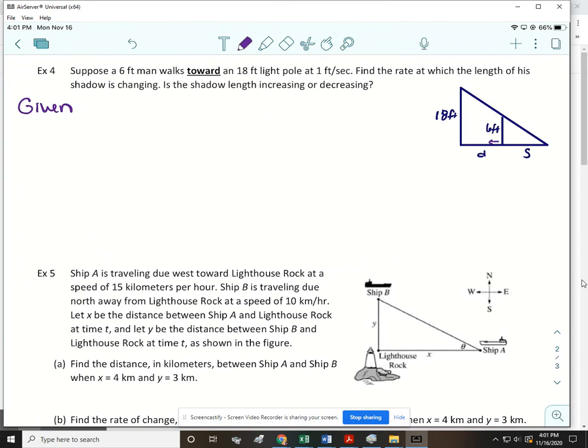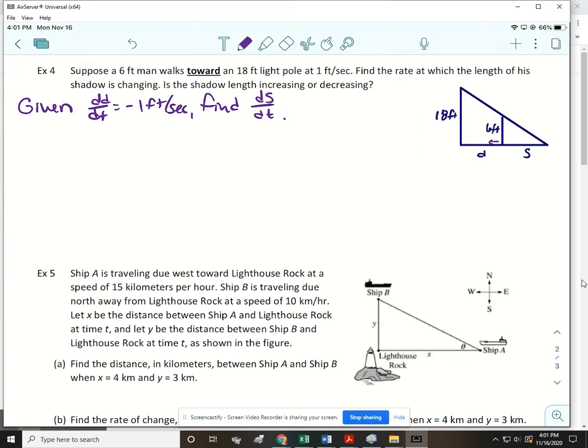So that means his distance is decreasing. So we would say dd dt is negative 1 foot per second. We want to find how his shadow is changing, ds dt, and there is no wind, so it must be a constant change.